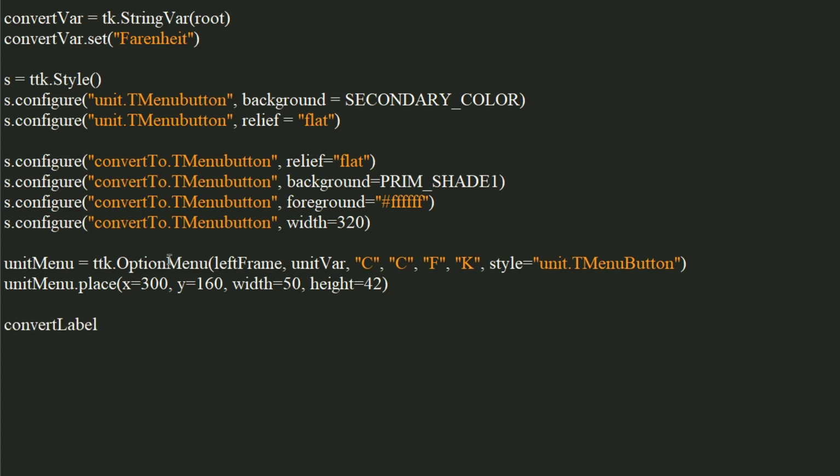Now, create a Tkinter label, with parent as left frame. Set its text to convert to. Set its BG to primary color.